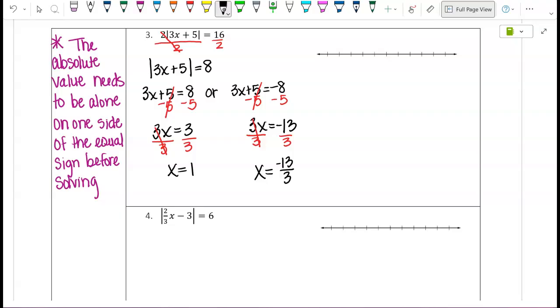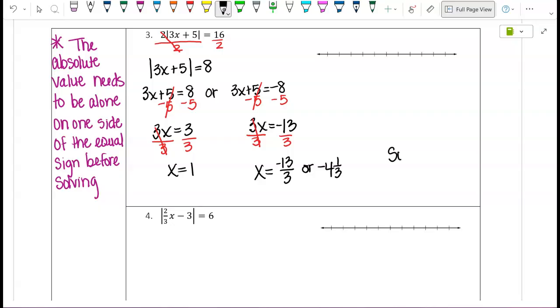Now, for graphing, it's easier to graph if we turn that into a mixed number. So what is negative 13 thirds as a mixed number? Remember, it's negative, so it's negative 4 and 1/3. And again, that's just to help you graph to know that we have to go past the -4.